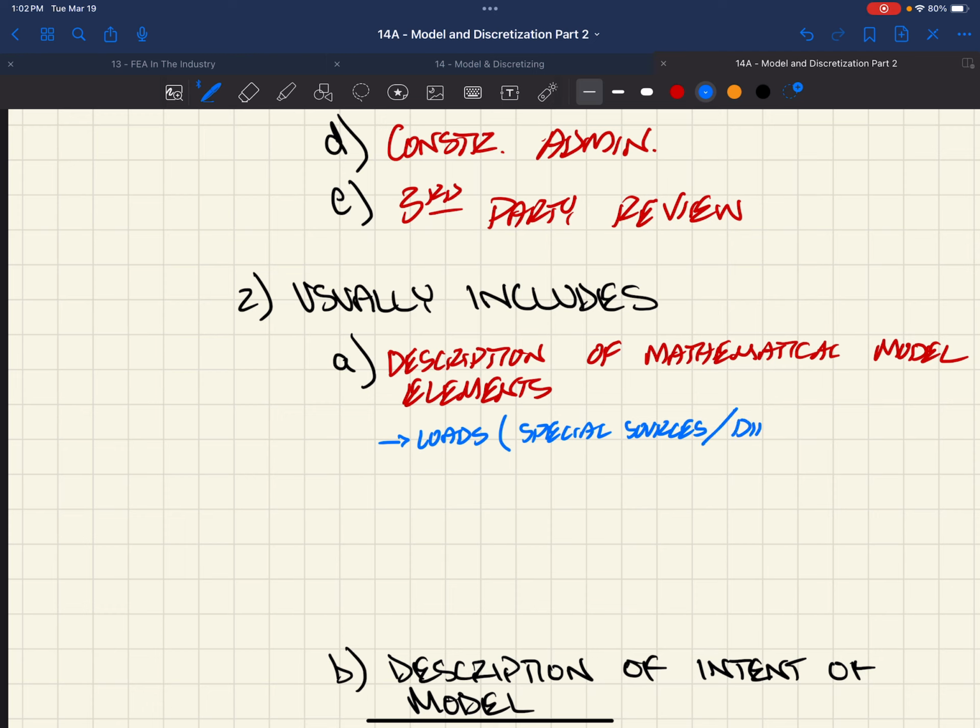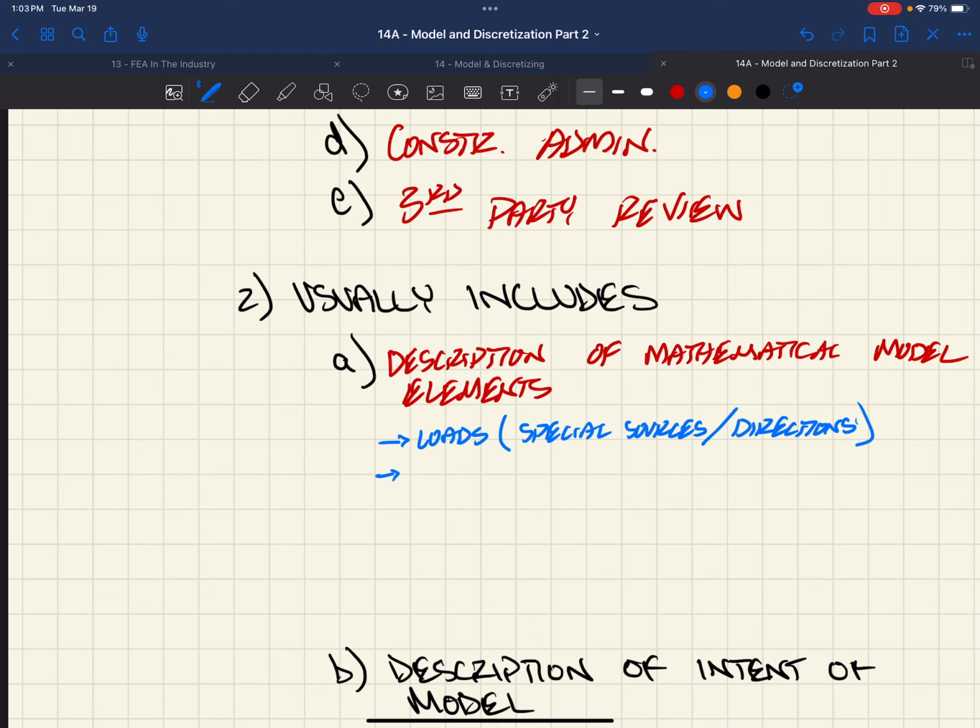Maybe there are certain directions we want to define, right? If you're doing a unidirectional wind loading analysis and everything's symmetrical, if you push on it one way and you push on it back the other way, it's going to have the same behavior. Maybe you describe that and say, hey, we only put wind on it in one direction. We're assuming everything else is equal and opposite, and we moved on from there to simplify things.